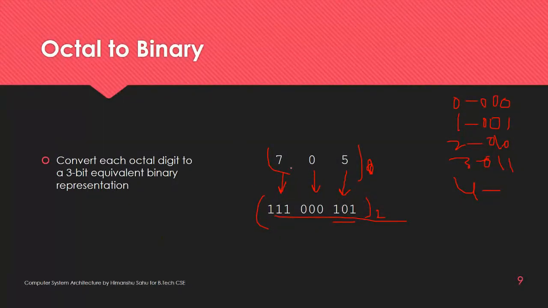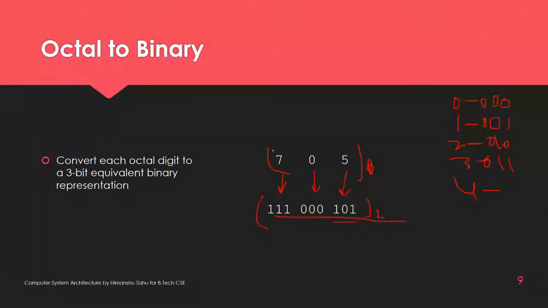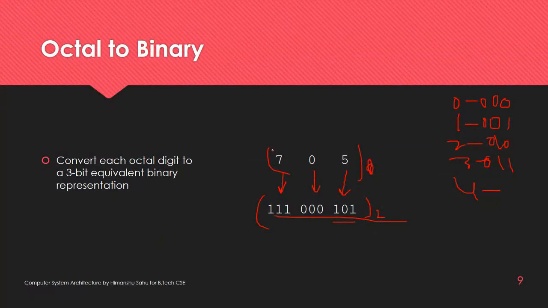And why a 3-bit number? Because we require at most 3 bits to represent any symbol that is used in the octal number system. So 5 will be represented as 101, 0 will be represented as 000, and 7 will be represented as 111. So you can simply see that whenever you are converting octal to binary, the string length will be multiplied by 3.